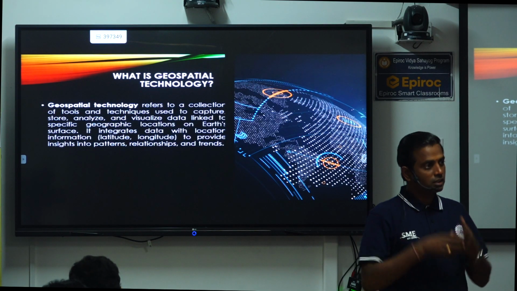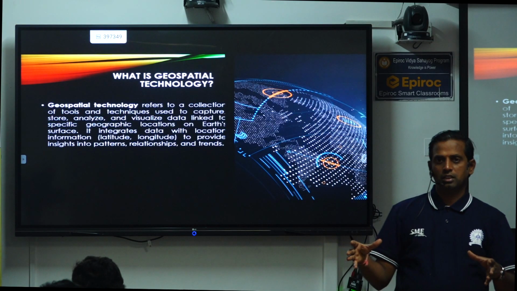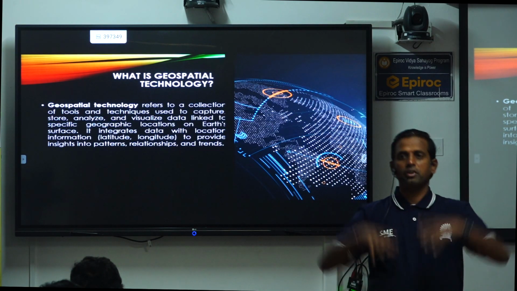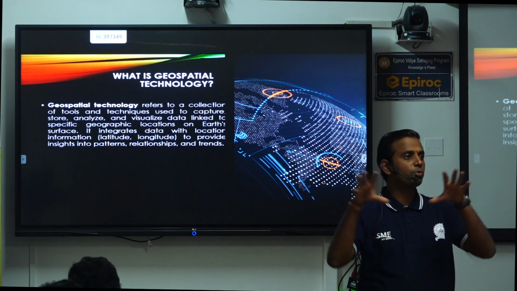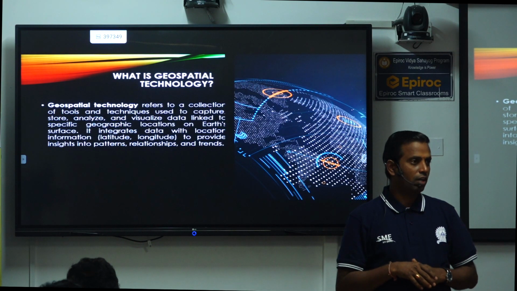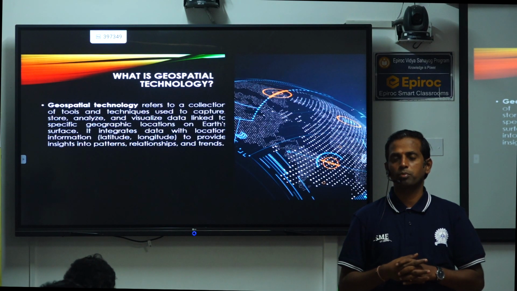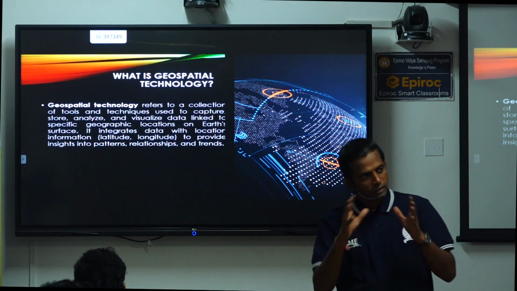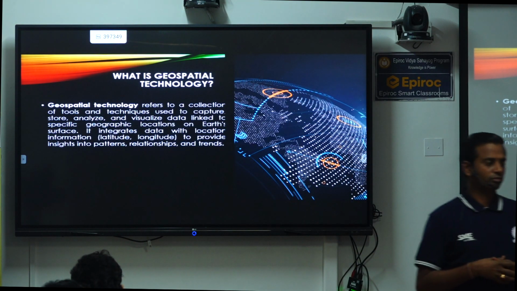What are the existing buildings? If extra buildings are to be constructed, what are the proposed sites? And what are the factors for choosing these proposed sites? All such examples, by using geospatial technology.